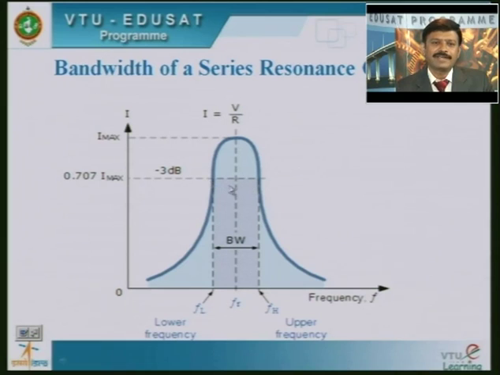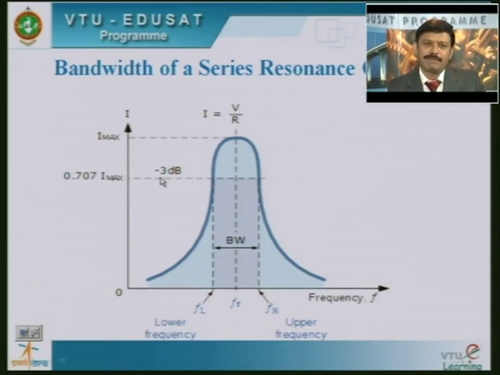Those 2 points are called cutoff points of minus 3 dB. This one is called the lower cutoff frequency FL, and this one is called the higher cutoff frequency FH. At those 2 points the current will be 0.707 times of I maximum, that is Im by root 2. So, here is the definition of bandwidth.